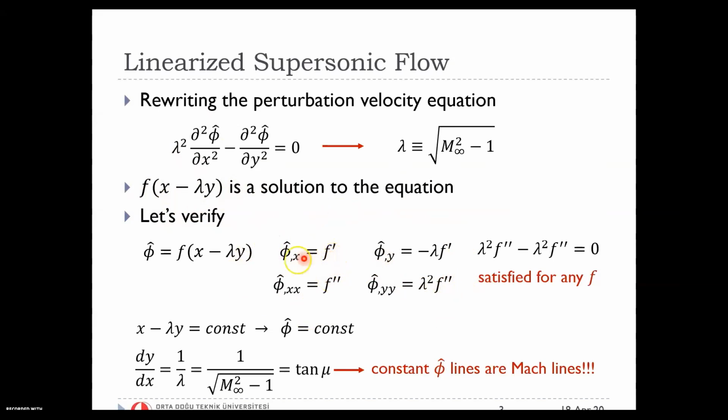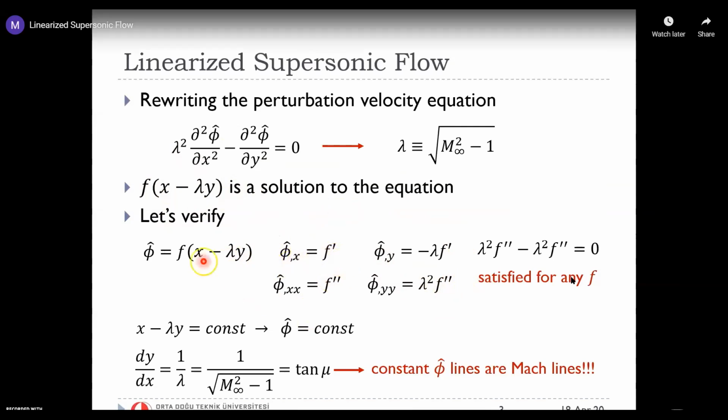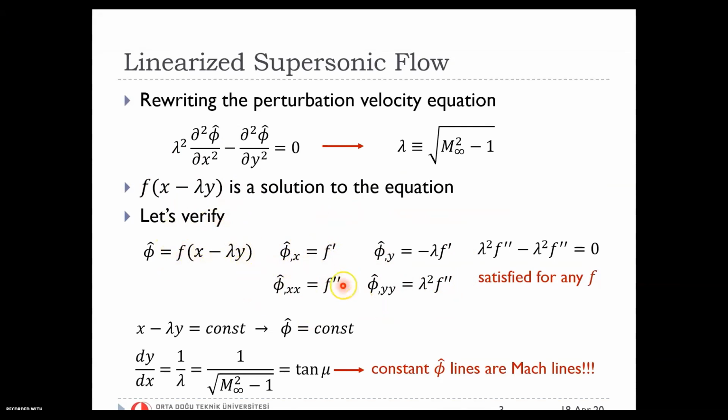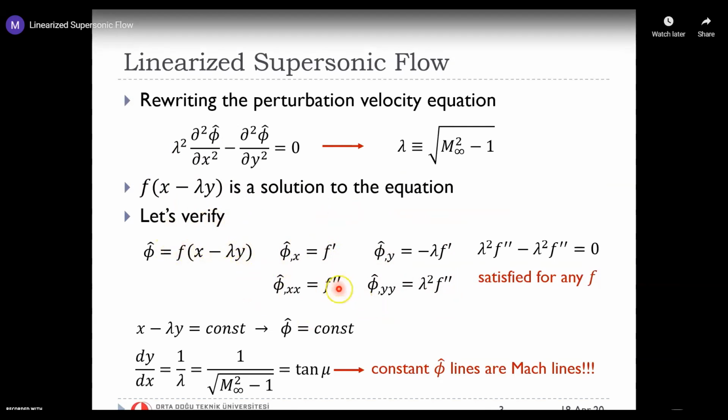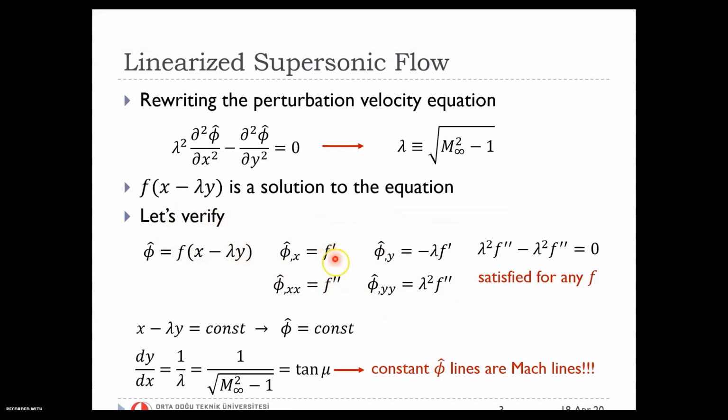Here f prime is the derivative of this f function with respect to its argument, and f double prime is the second derivative of this function with respect to its argument. It can be calculated the same way for the first and second derivatives with respect to y here.